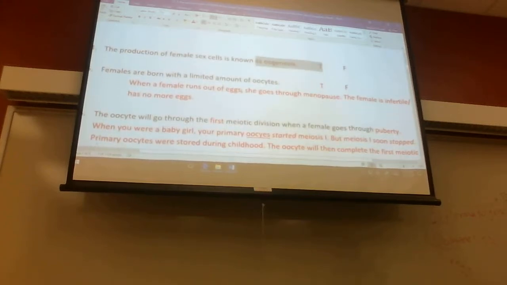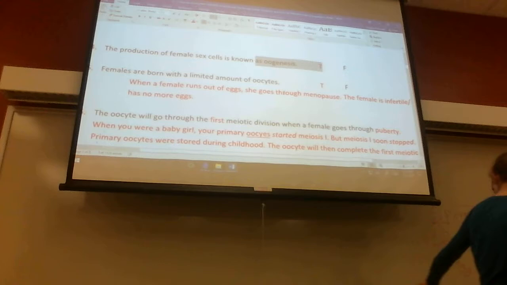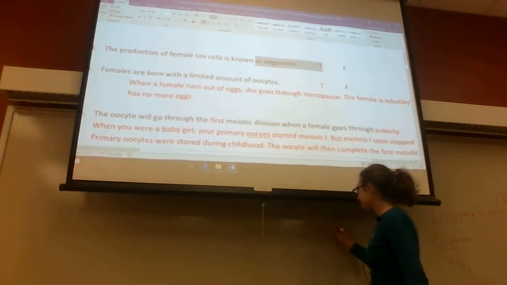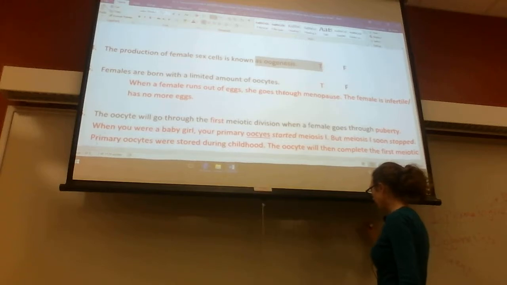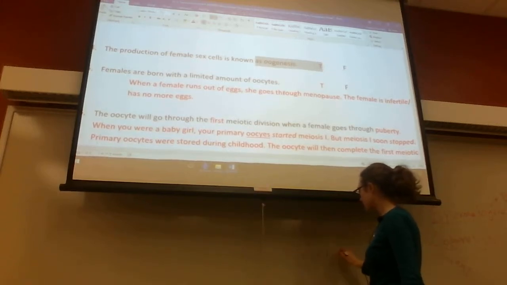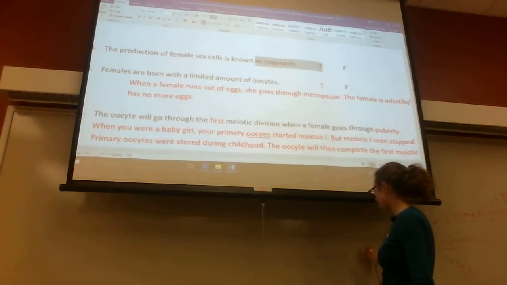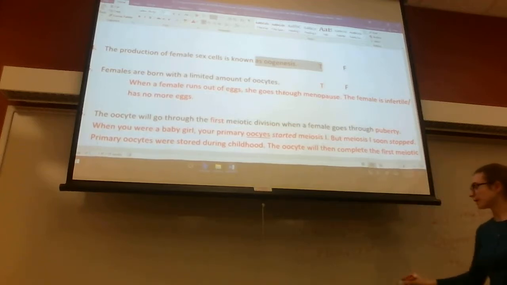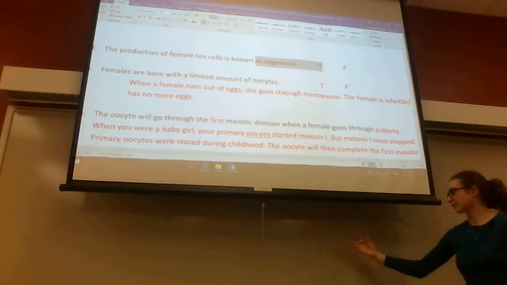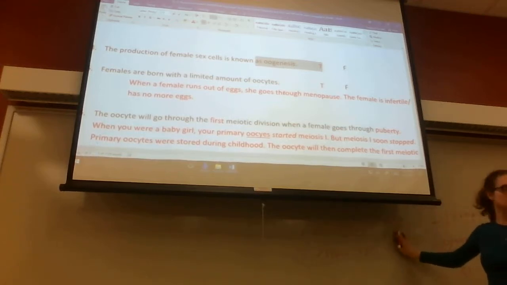So when a female runs out of eggs, let's do this in red. There's menopause and menarche. Meno kind of means period. Menopause means you stop your period.